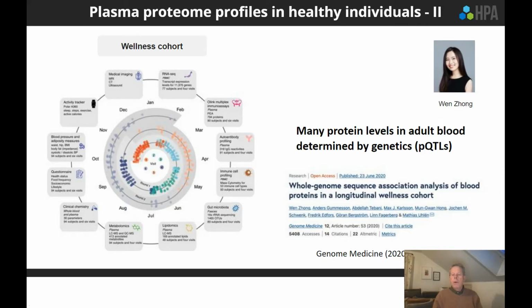We also moved on and looked at how many of these differences in protein levels are due to genetics. We call these pQTLs, and published a paper also in 2020 in Genome Medicine, where we identified several hundreds of these pQTLs.